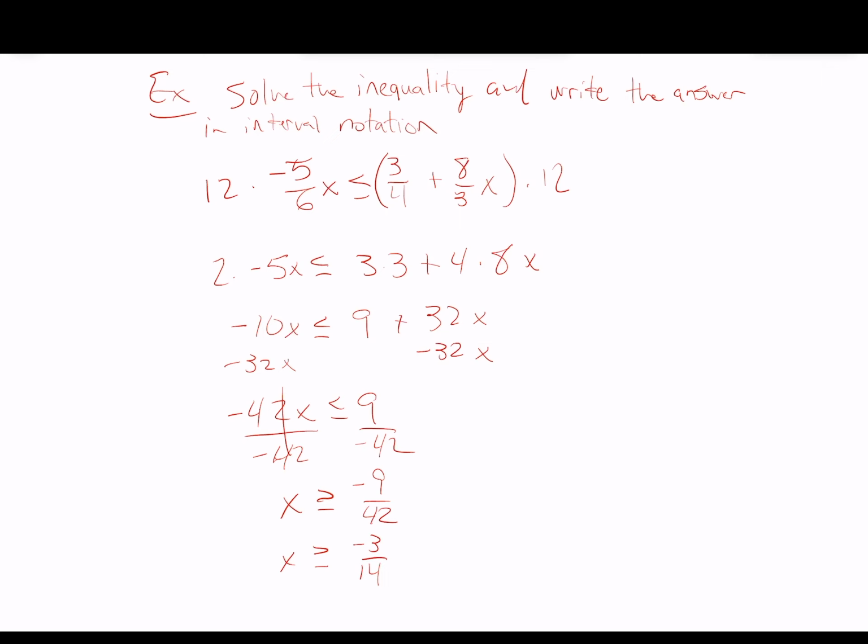So x is greater than or equal to negative 3 over 14. In interval notation, that is in a bracket this time, because we're including negative 3/14, up to infinity. So all things greater than or equal to negative 3/14. So this is your answer.